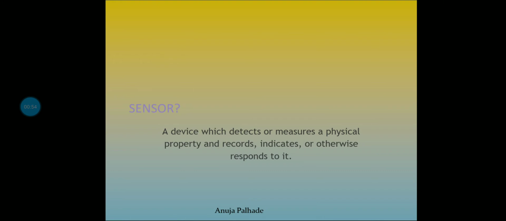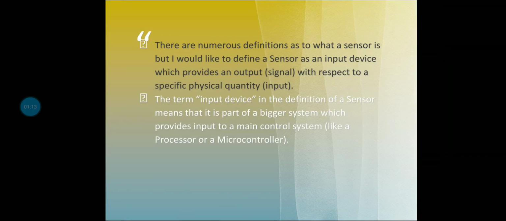So sensor. What is a sensor? A device which detects or measures a physical property and records, indicates, or otherwise responds to it. It is a simple device which measures and responds to the activity, that is, it communicates with the environment.